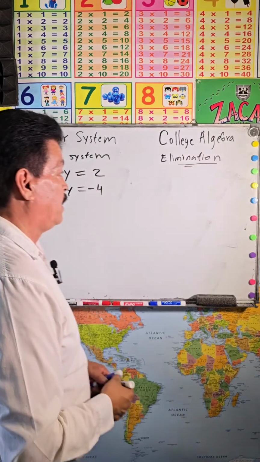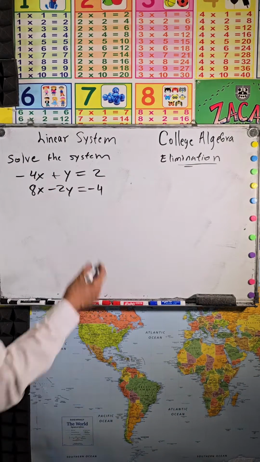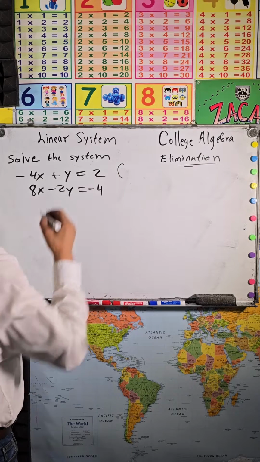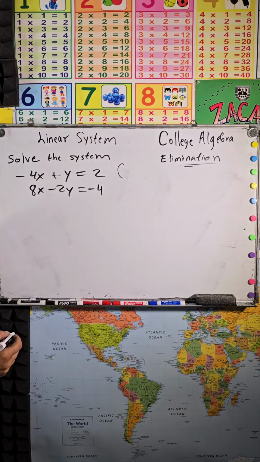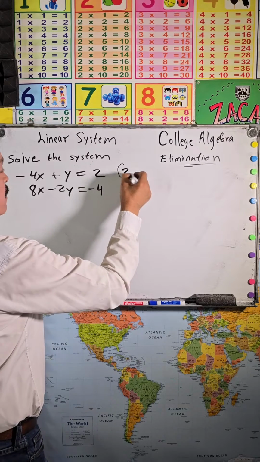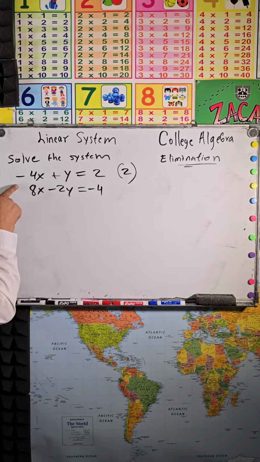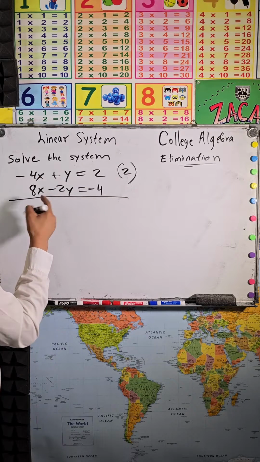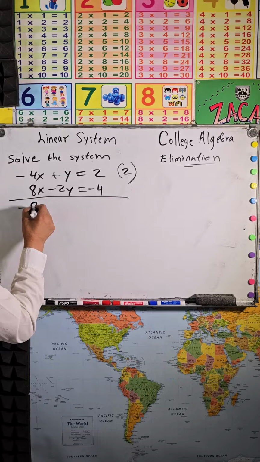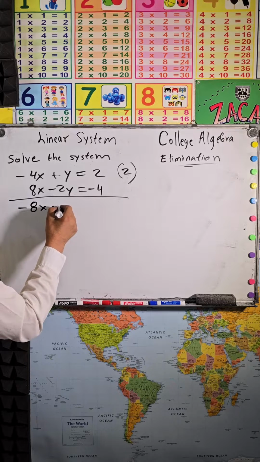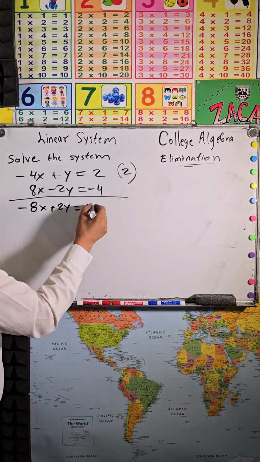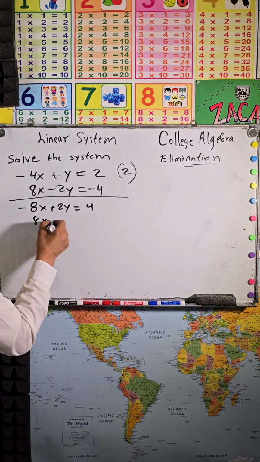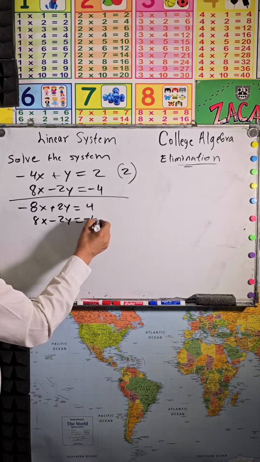In this problem, let me multiply the first one by 2; I'm looking to cancel x. So this is negative 8x plus 2y equals 4. The second one, just write 8x minus 2y equals negative 4.